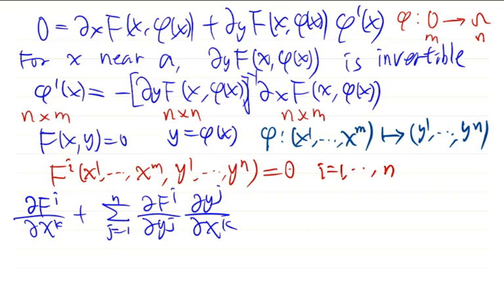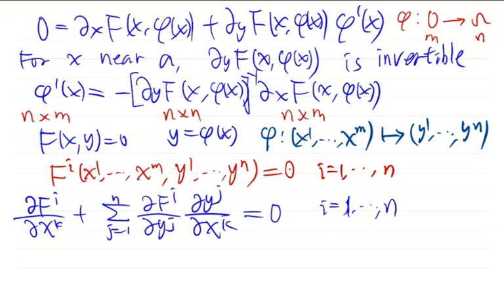Then taking the derivative with respect to xk on the left-hand side and applying the chain law, the derivative of the left-hand side with respect to xk is this expression. Of course, because this is actually 0, the derivative is also 0. So correspondingly we have this equality.